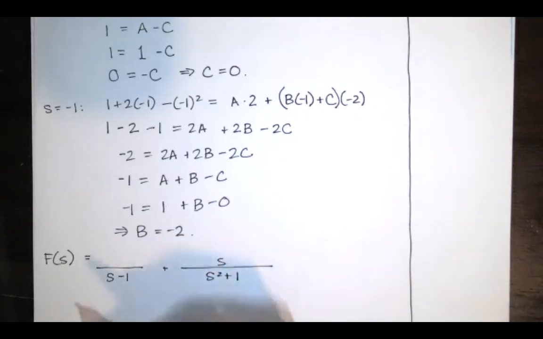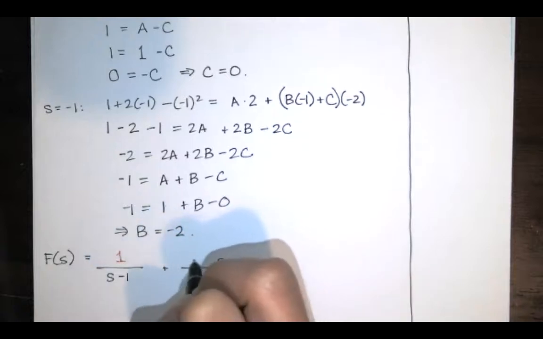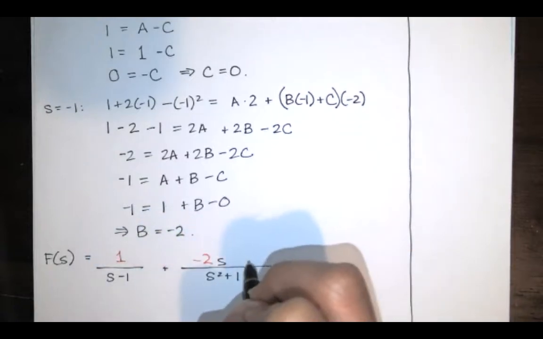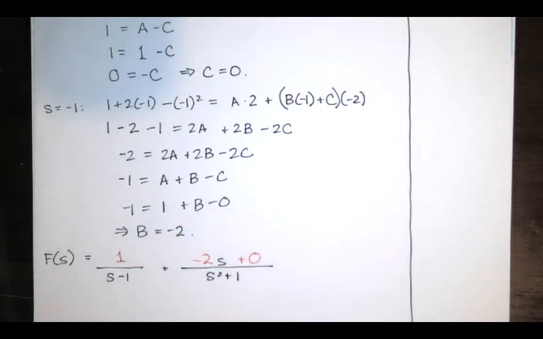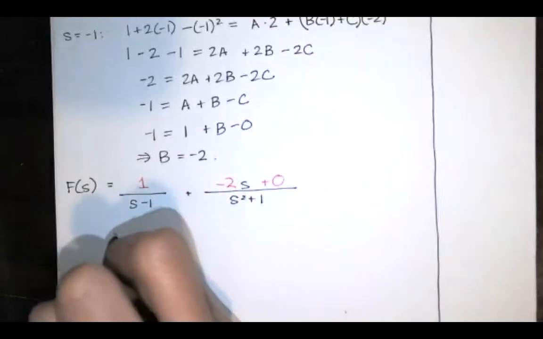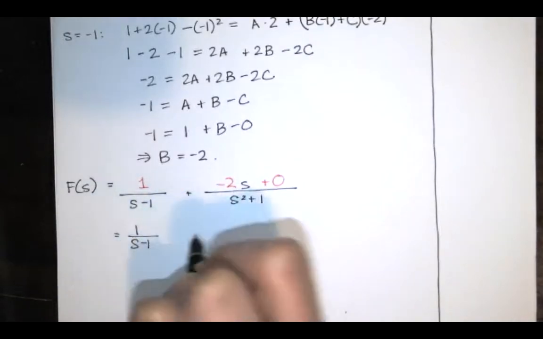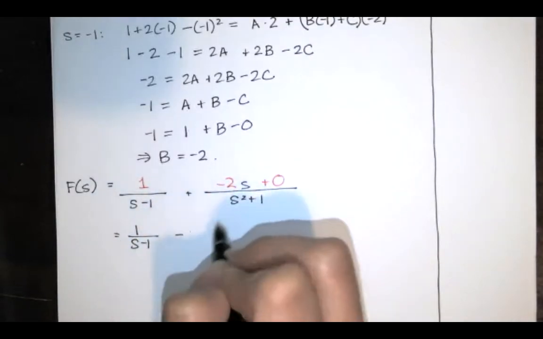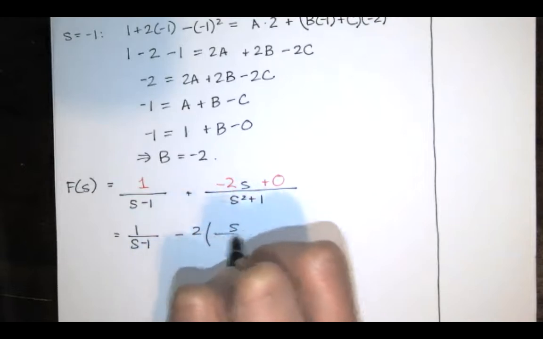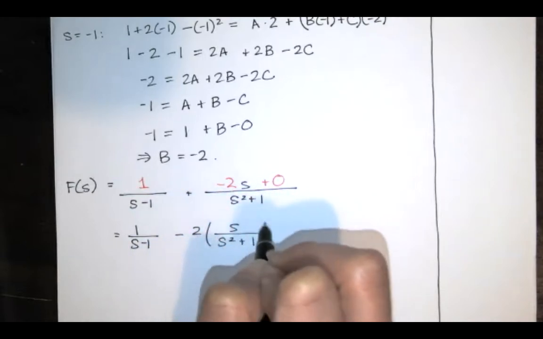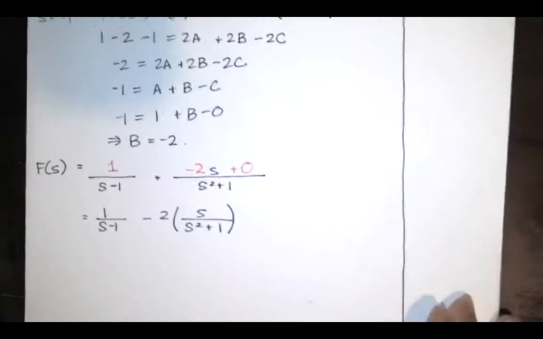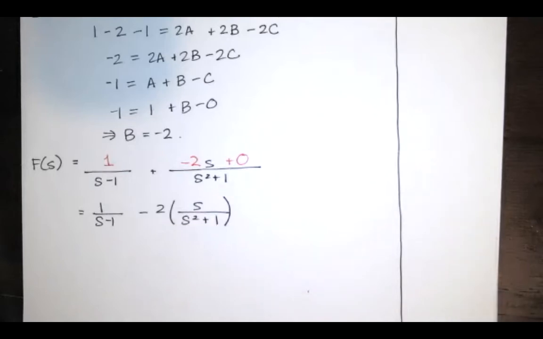And our a value was 1, and our b was -2, and our c was 0. So that's actually really nice and easy. I'll factor out that -2 so that it looks more like our rules for inverse transforms. Okay, so that's f of s.